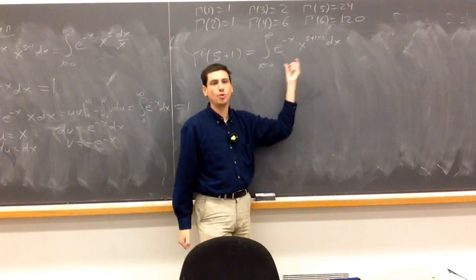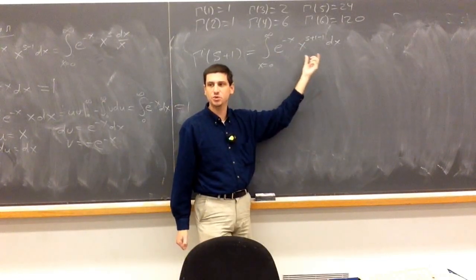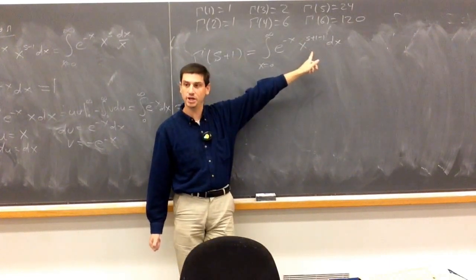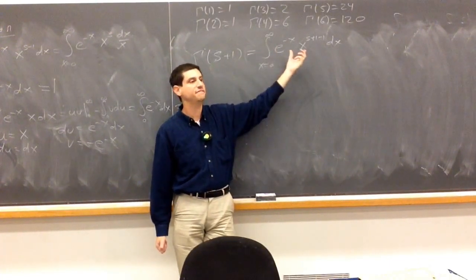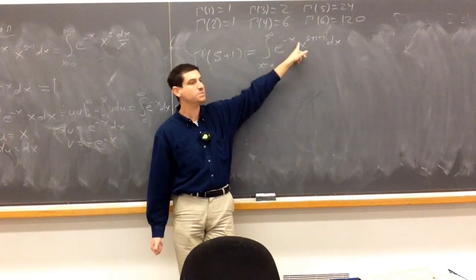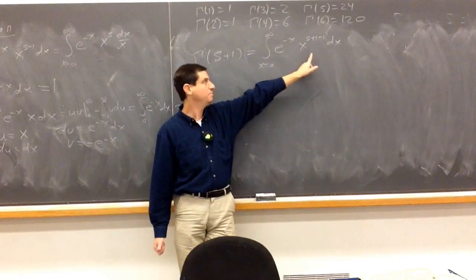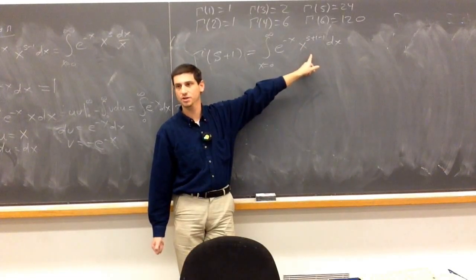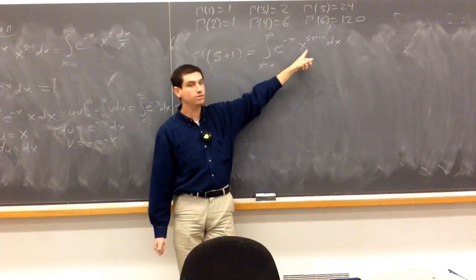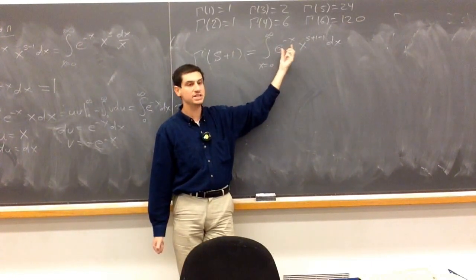Whenever we have something like this, we always want to make sure it exists and is well defined. The dangers are we could be dividing by 0 when x equals 0, and it may not decay fast enough as x goes to infinity. Well, the decay at infinity is fine. We have exponential decay, and we have at best polynomial growth. So going off to infinity, it's fine. But as x gets really, really close to 0, what does e to the minus x look like?